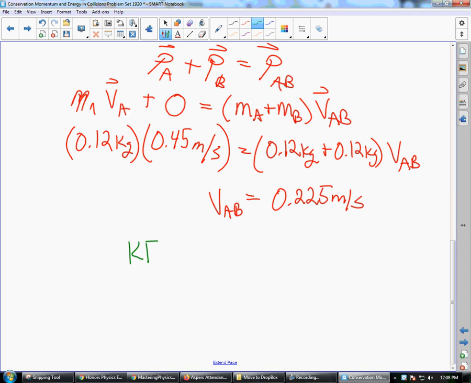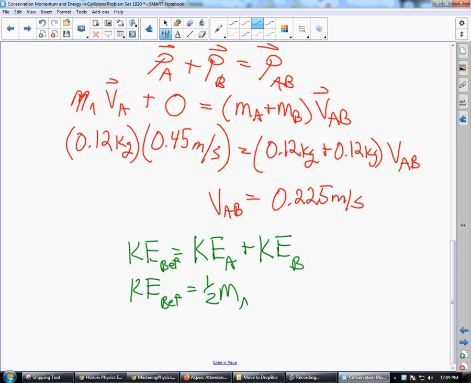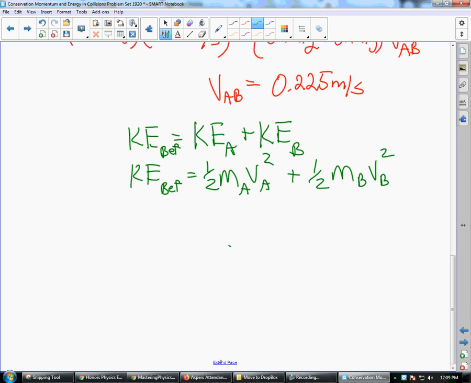So kinetic energy before anything happens is going to be the kinetic energy of A plus the kinetic energy of B. I can probably label that B. All right, now I know everything to substitute in there, and I can find it, right?